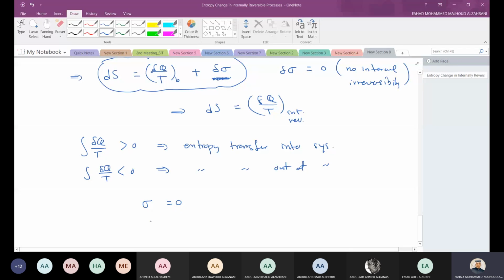If you produce something, it will be positive. So the only options for this term, and this is a very important concept now, is that it is either positive or zero. If it is positive, it means I have irreversibilities present in the system.